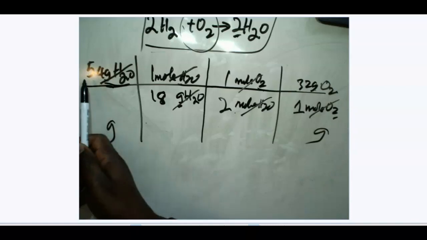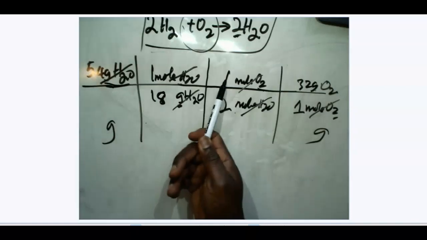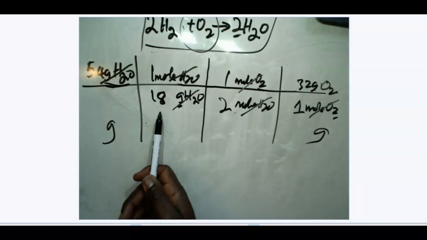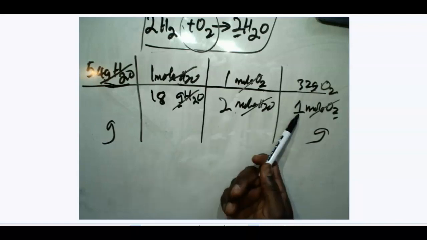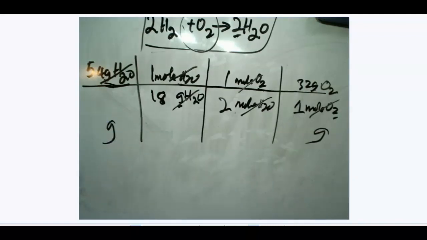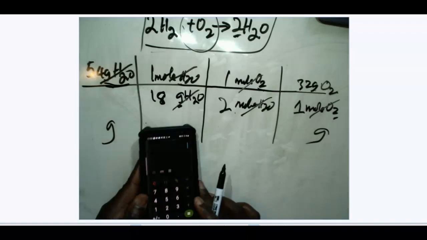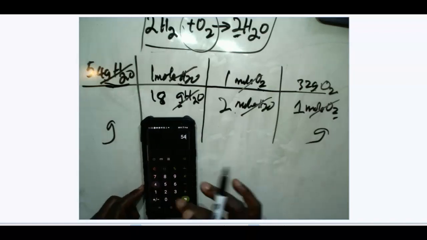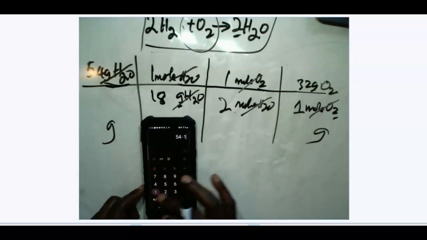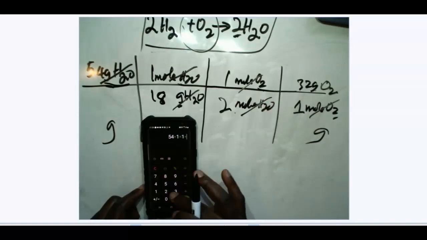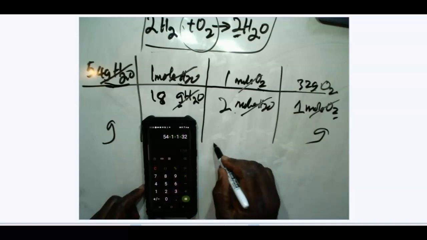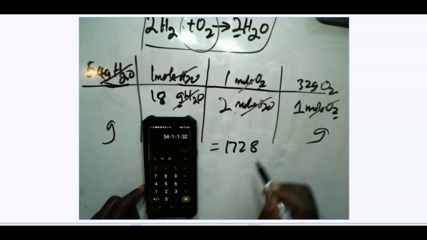So what to do now is to multiply 54 by 1 by 1 by 32, divide by 18 by 2 by 1. I will advise you to do it step by step. Don't just put everything together in a calculator, so that you don't mix up the whole thing. So 54 times 1 times 1 times 1 times 32 will give me 1728.